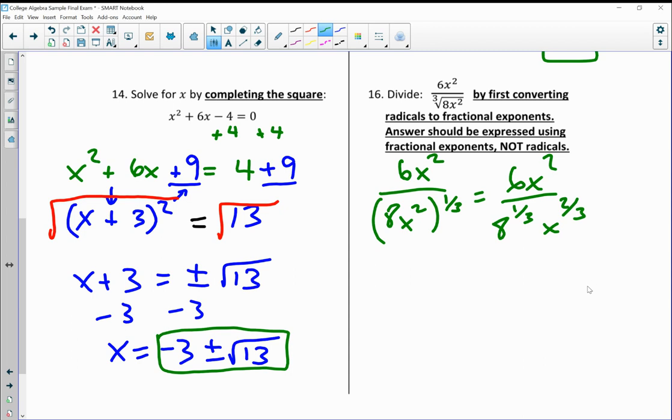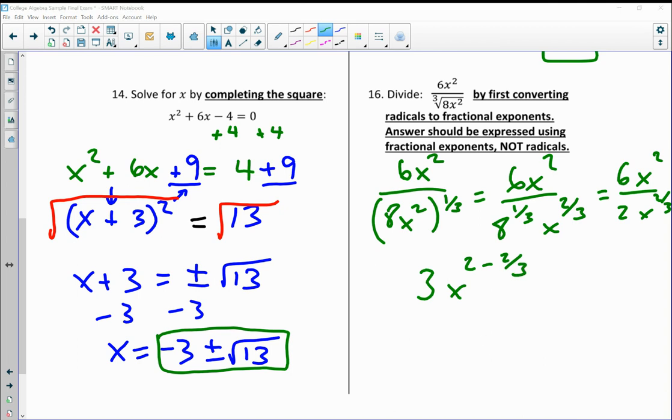Next, we would simplify. We have 6x squared. 8 to the 1/3, that's the cube root of 8, so 2. And now we could simplify between the 6 and the 2. 6 divided by 2 is 3. And then x squared divided by x to the 2/3, we're subtracting.